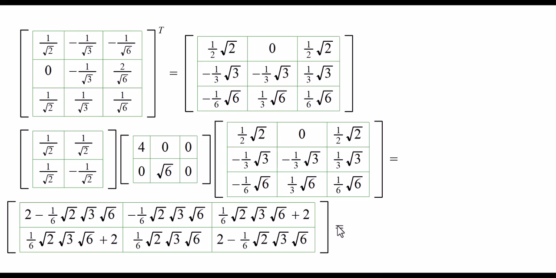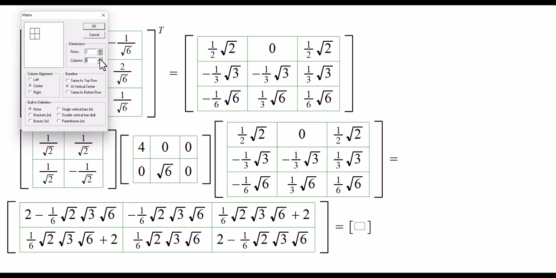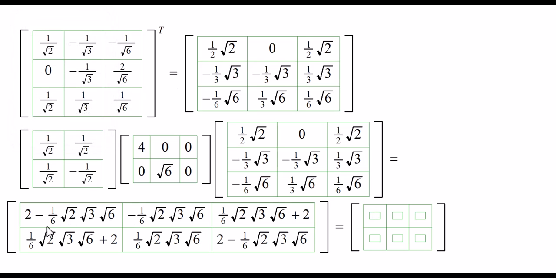So let's see here. So we got this 2 by 3. Just looking at this, well, this is 6, so 2 minus 6 is 1, okay, and then this whole thing will be 6 over 6, so then we have negative 1.